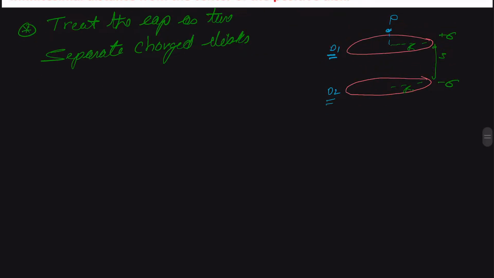So it means we are interested in the total electric field, or net electric field, which will be the superposition of disk 1 as well as disk 2.